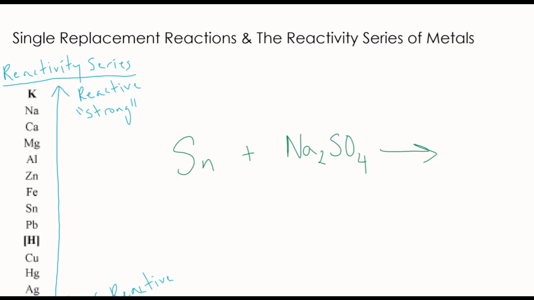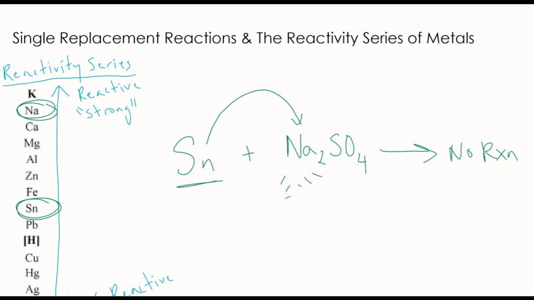Look at the reactivity series. So tin is doing the attacking because it's what is alone. And the answer is no, there is no reaction. Tin is really low on the reactivity chart, and sodium is much higher, so sodium is stronger. This attack will not be successful.